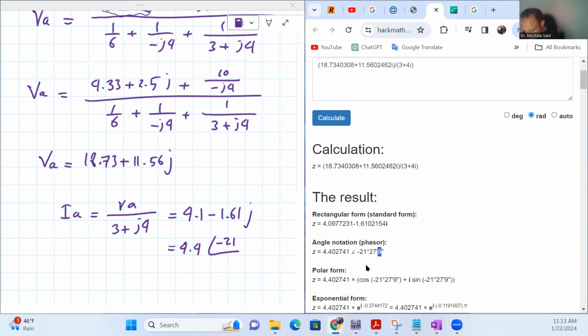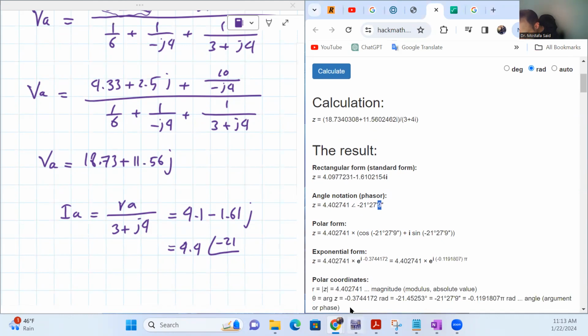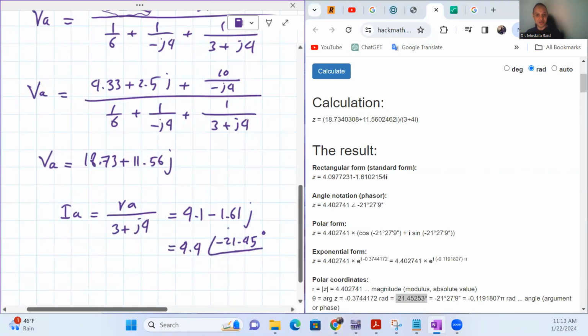We don't like that. So if you go down a little bit, you see, this happens all the time, it gives you the angle as a fraction: minus 21.45 degrees, and that's the correct answer.